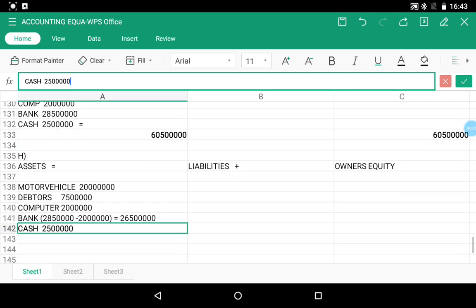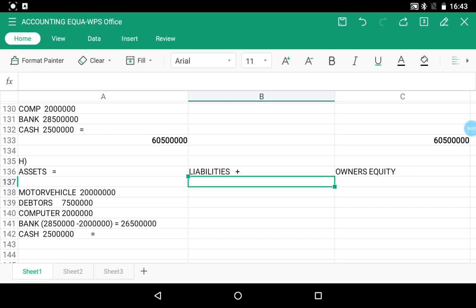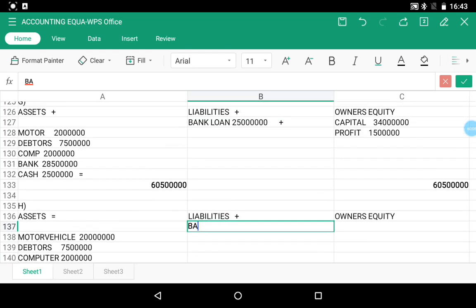Then we don't have any other assets, so we move to liabilities. We still have our bank loan worth 25 million because we have not yet paid it, so they are still owed 25 million.